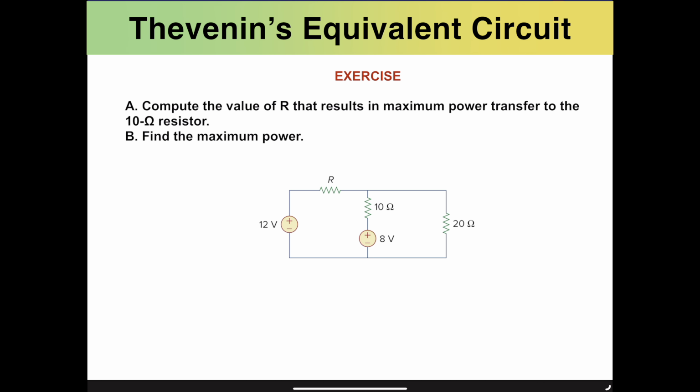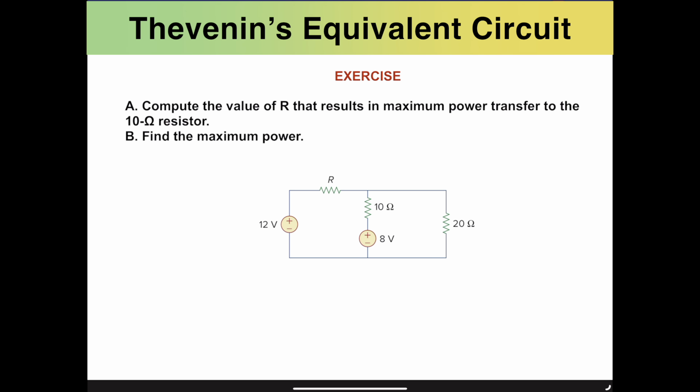So now that we have found a way to make use of Thevenin's equivalent circuit in simplifying complicated circuits, here is an example that I'm leaving as an exercise for you to find out the value of R in this circuit that needs the maximum power transfer to this 10 ohm resistor. So essentially, that's not complicated.